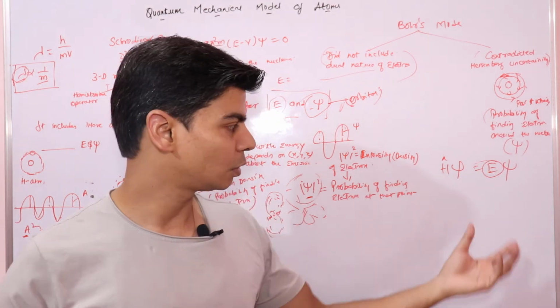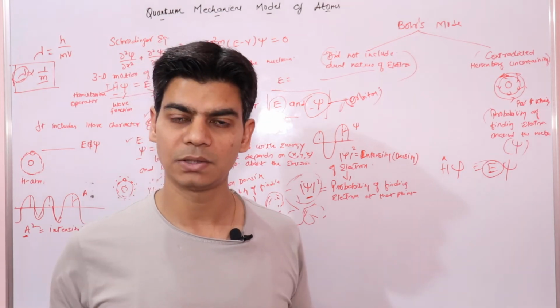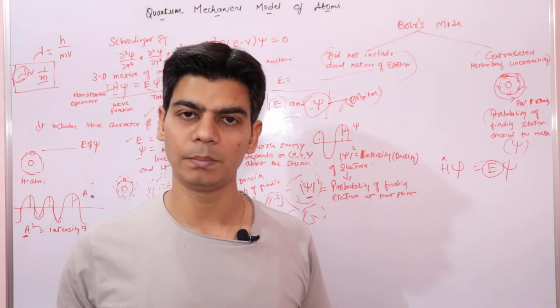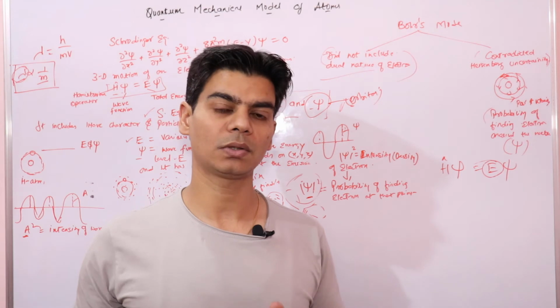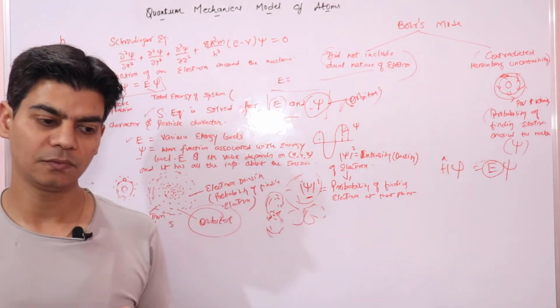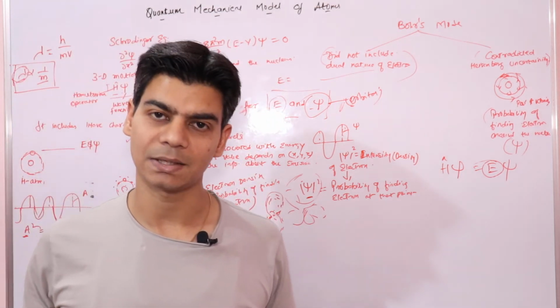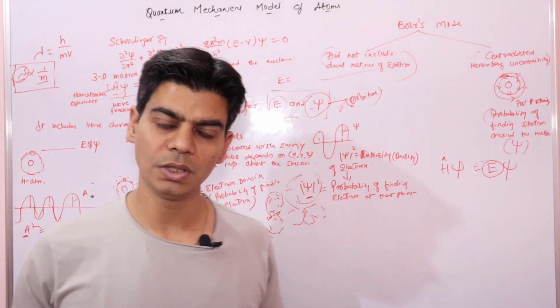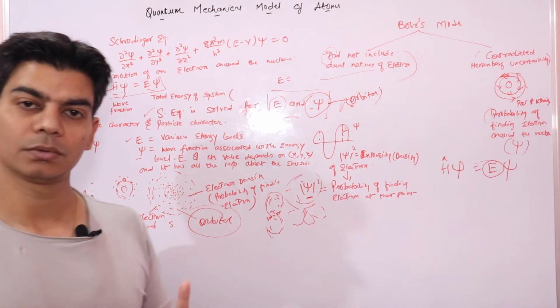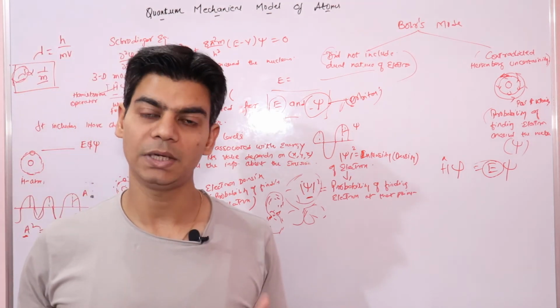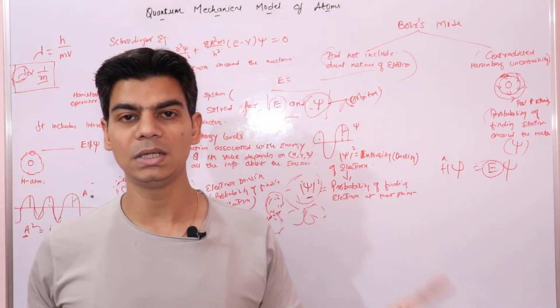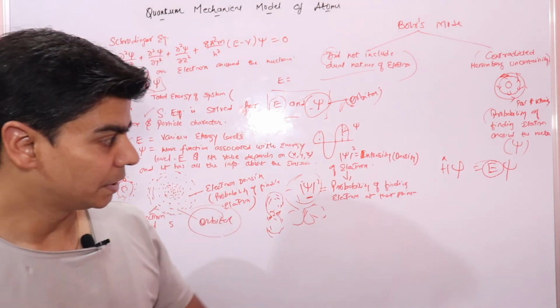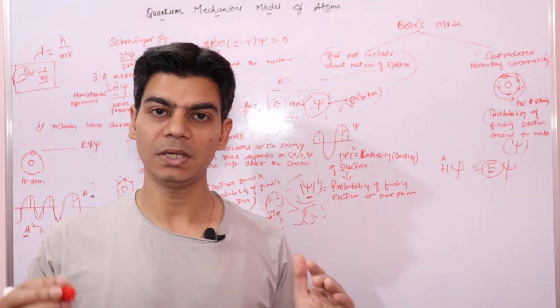So when you try to solve the Schrodinger wave equation for multi-electron atoms, the equation becomes very complicated, right? So you cannot solve it exactly. The Schrodinger wave equation can be solved exactly only for hydrogen atom that contains 1 electron. It cannot be solved exactly for multi-electron atoms because the equation becomes very complicated.